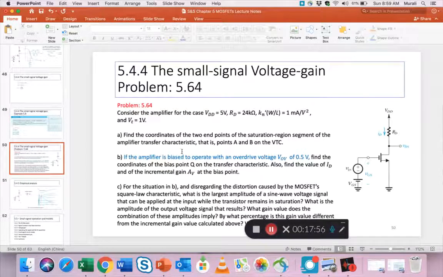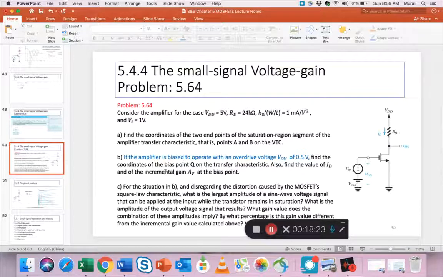The way he asks the question is slightly different though. Here he tells us, part A, find A and B on the VTC, right? So he is advising us, even before we begin finding the Q point and all that, just find A and B. That makes it a little bit easier because you know the limits of the swing now.